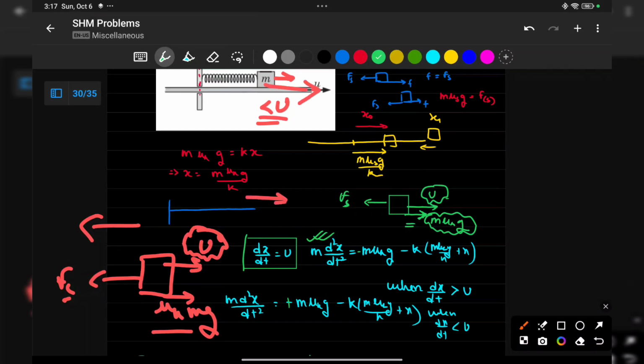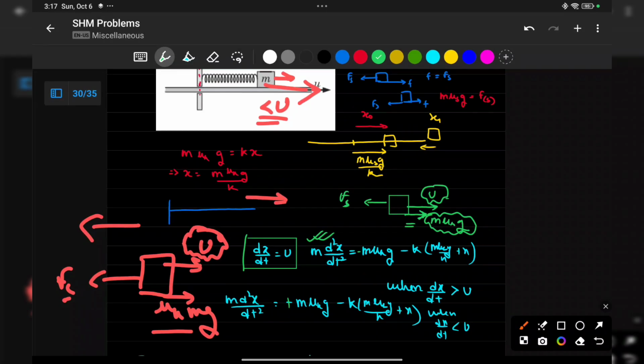Can you understand what I'm saying? Because the block is moving away from the support, but the net force is trying to decrease its velocity away from the support. But the conveyor belt is having velocity u. That's why the friction will try to increase its velocity.